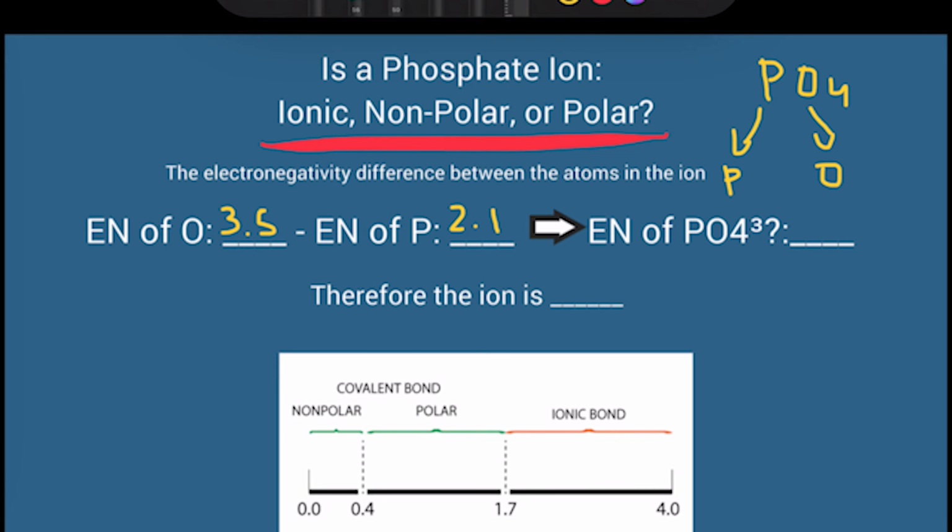If we find the difference between the two, we get 1.4, the electronegativity difference of phosphate. According to the chart, 1.4 is between 0.4 and 1.7. Thus, we can say that phosphate is a polar molecule.